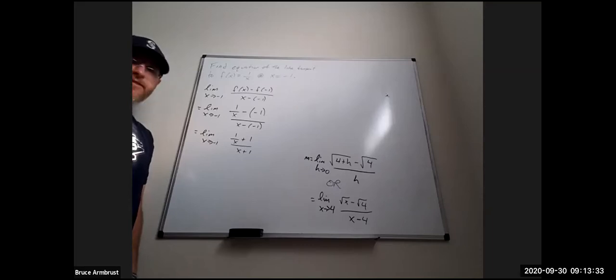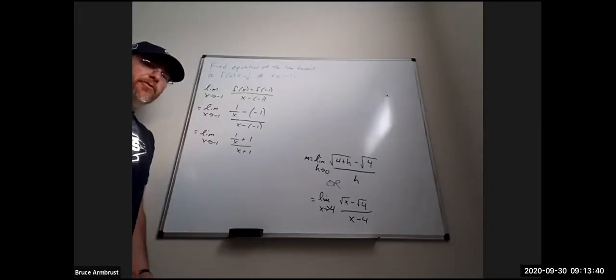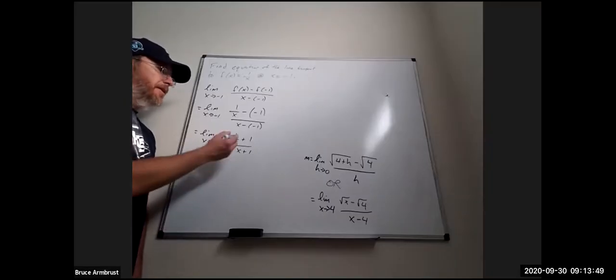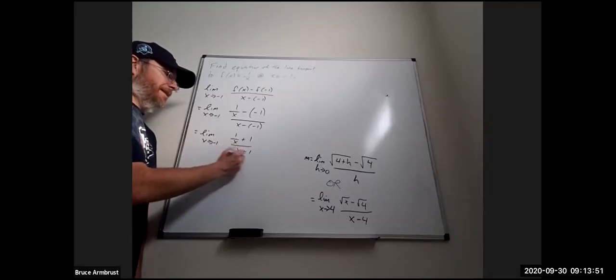When you have fractions inside of fractions? Yeah, we're going to multiply by the denominators of the inner fractions. Well, there's only one inside fraction. It's an x denominator. So we're just going to multiply everything by x.